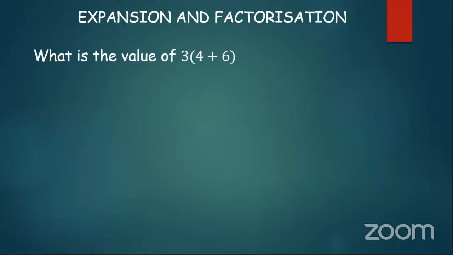We are asking ourselves, what is the value of 3 into 4 plus 6? Your suggestions, members. Yes, I think it's 30. It is 30. So how do you arrive at the 30?